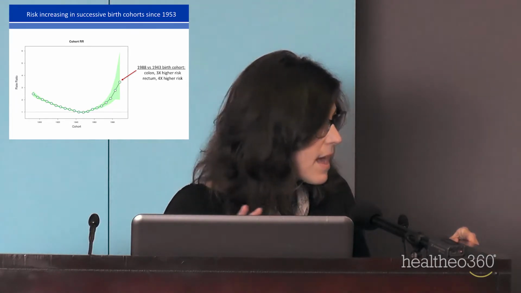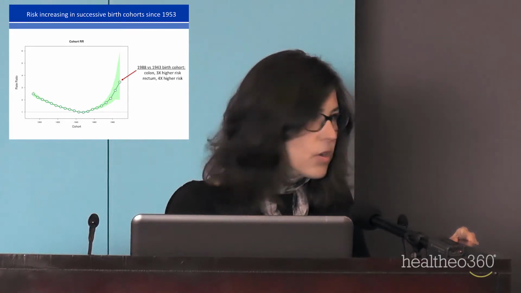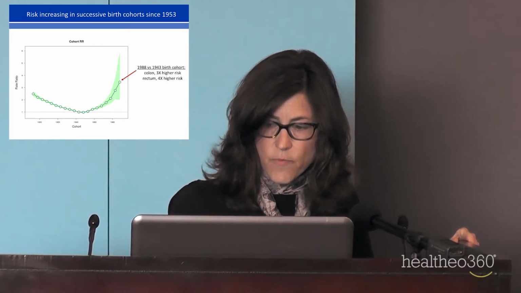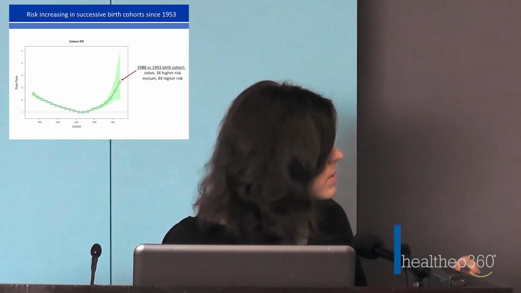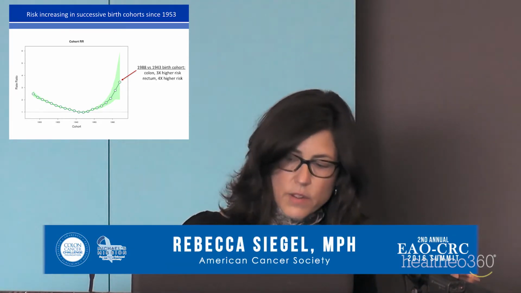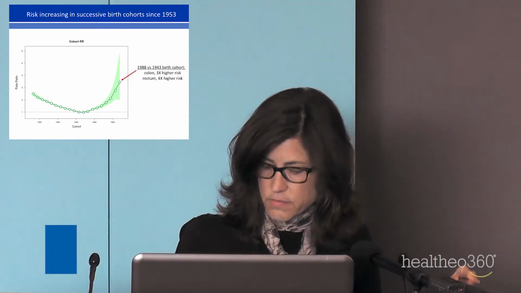But since that birth cohort, successive generations have had increasing risk. And the result is that for people born in 1988, they have 3 times the risk of colon cancer and 4 times the risk of rectal cancer compared to people born in the early 40s who have the lowest risk.